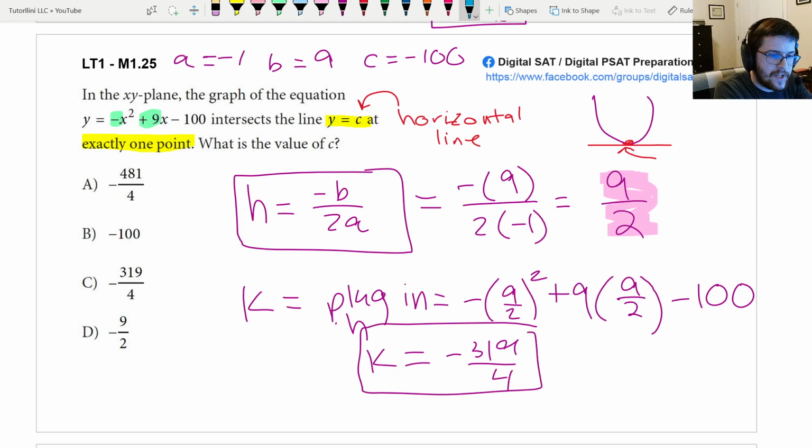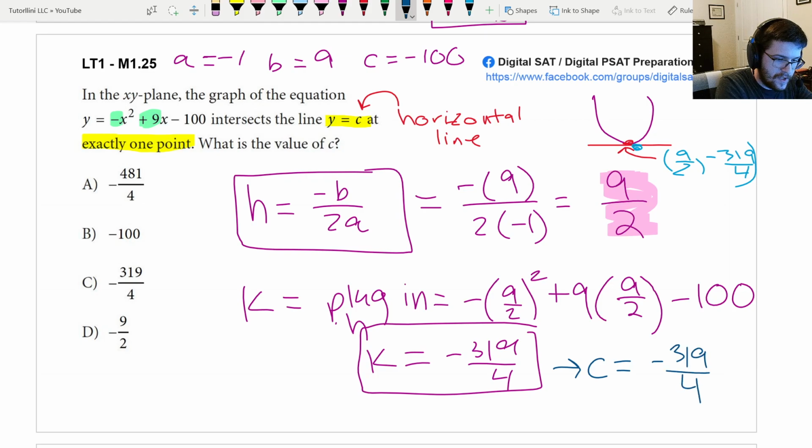So this vertex is 9/2, negative 319 over 4. And as we talked about, the horizontal line is going to be equal to the y-coordinate. So c is also equal to negative 319 over 4. y equals negative 319 over 4 is the equation.